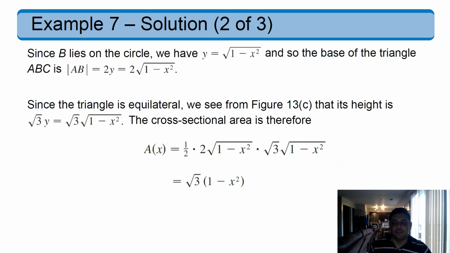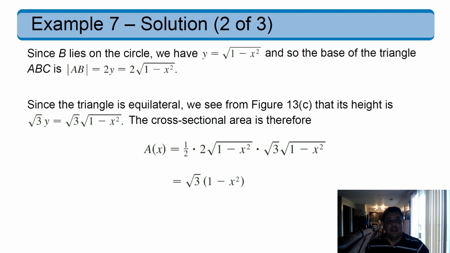Now, since the point lies on the circle, y is the square root of 1 minus x squared, and so the base of the triangle in terms of y can be seen as 2y, or 2 square root of 1 minus x squared. Since the triangle is equilateral, the height is square root of 3 y, which is square root of 3 times square root of 1 minus x squared.